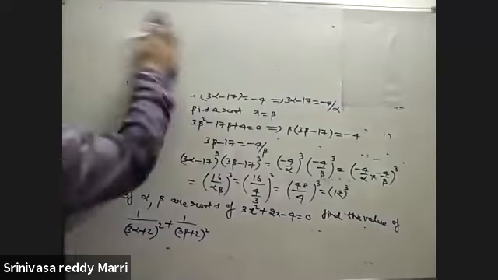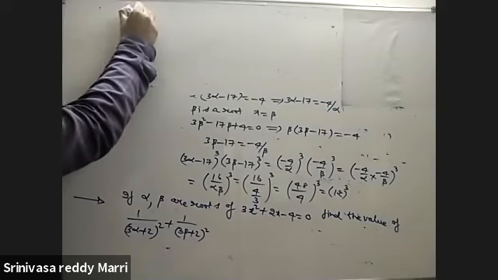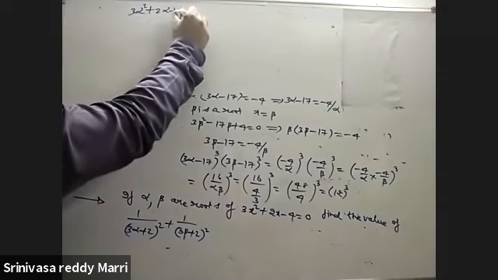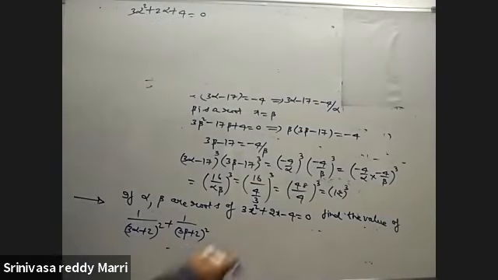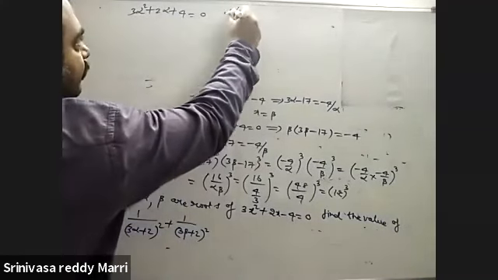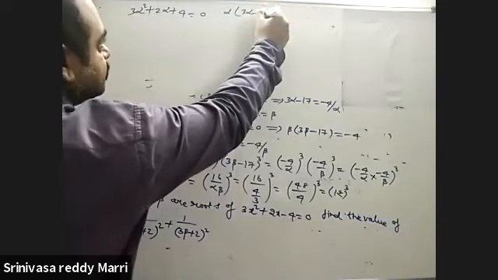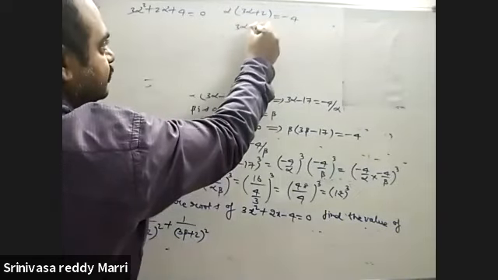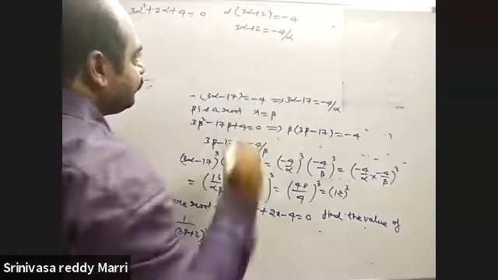Look at it. Now, this you have to calculate. Alpha is a root, so 3 alpha square plus 2 alpha. Alpha is the root, so taking alpha common, alpha into (3 alpha plus 2) equals minus 4. What is the value of 3 alpha plus 2? Minus 4 by alpha.